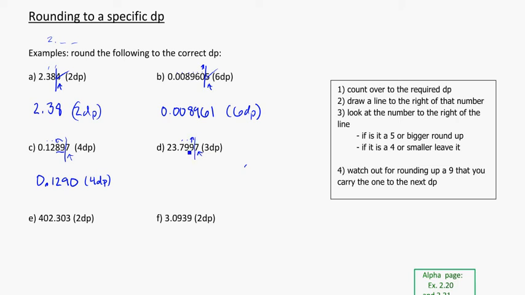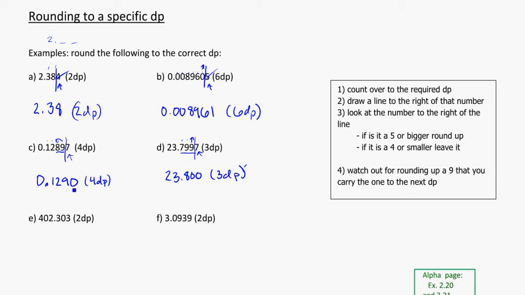And here I've got 99. So a 9 needs to round up to 10, and that's going to round that 9 up to a 10, and we still have to carry a 1 further over. So this whole thing is going to round up to 800. And another way to look at that is 799 can round up to 800. So it becomes 23.800. And we write 3dp.